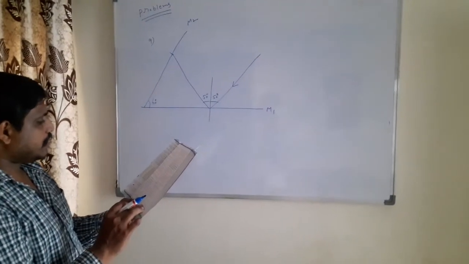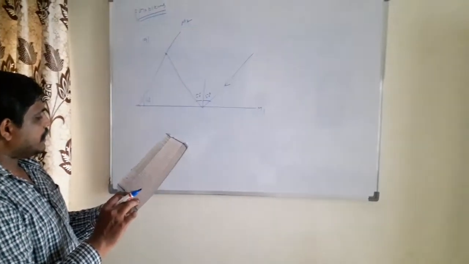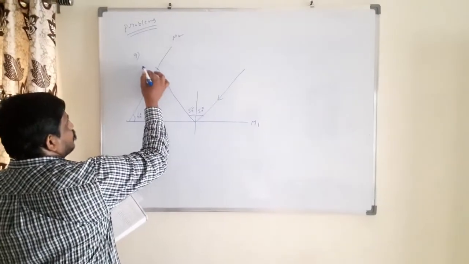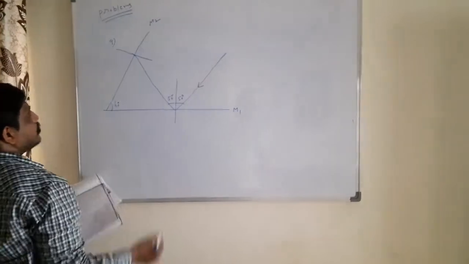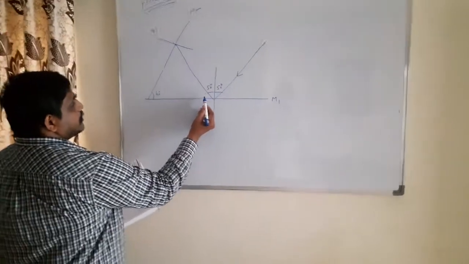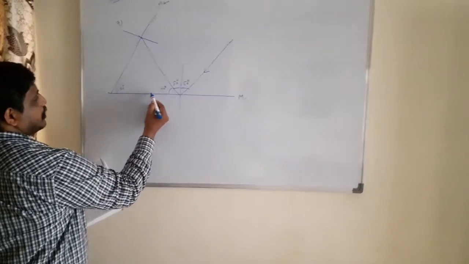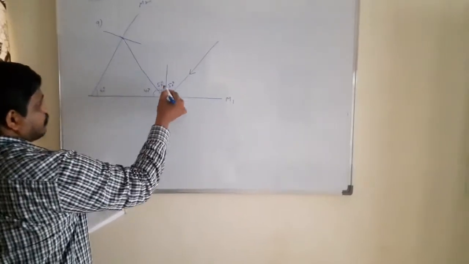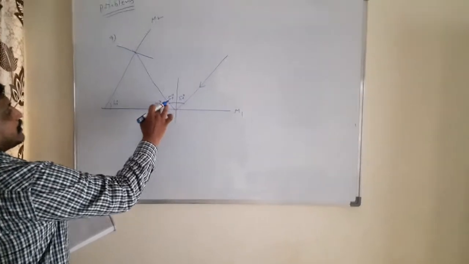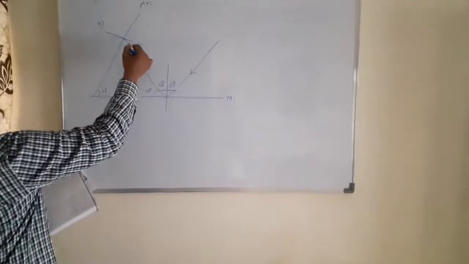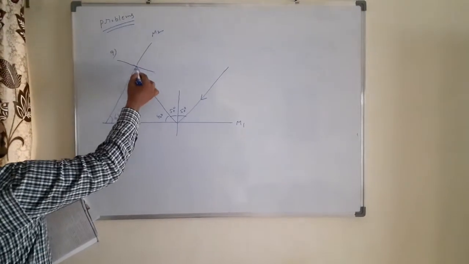Here the ray touches the second mirror and gets reflected back to the first mirror. Here also, this is the normal. Here 50 degrees, so automatically this is 40 degrees, because the mirror and normal are perpendicular, and 50 plus 40 becomes 90. This is a right angle triangle.